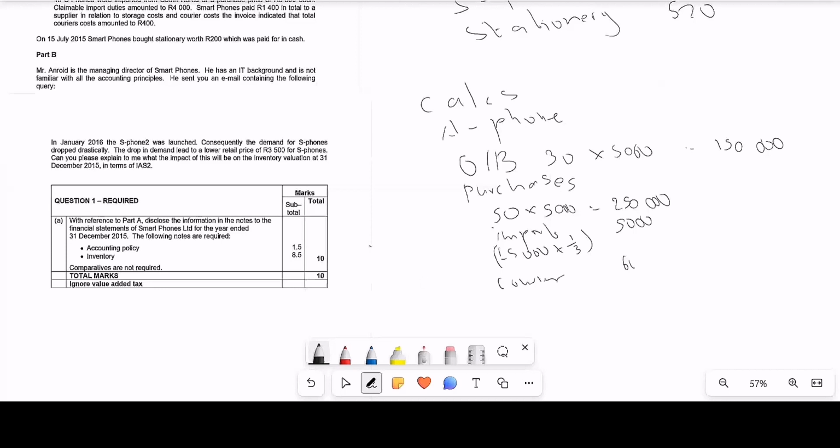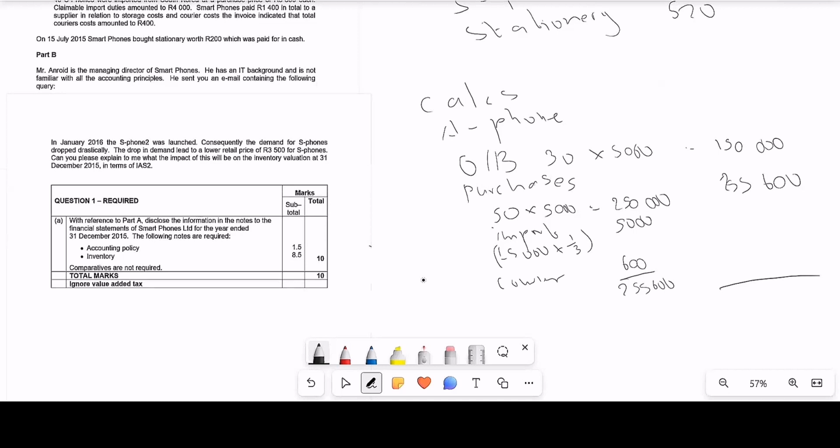So I'm going to go very quickly through this one. So this was 255,000. The purchases here was 255,000. Excuse the handwriting, guys. For people learning this, your handwriting is not that important.